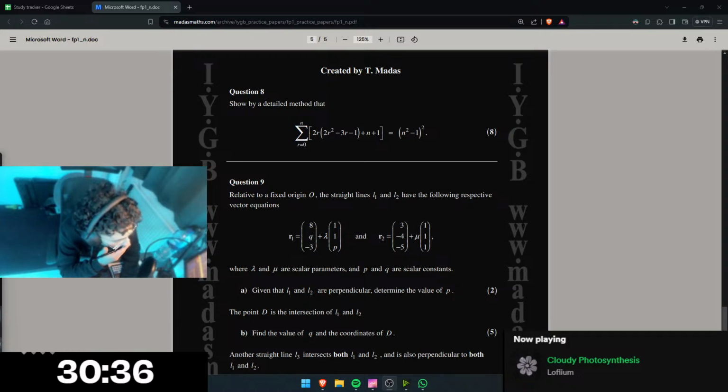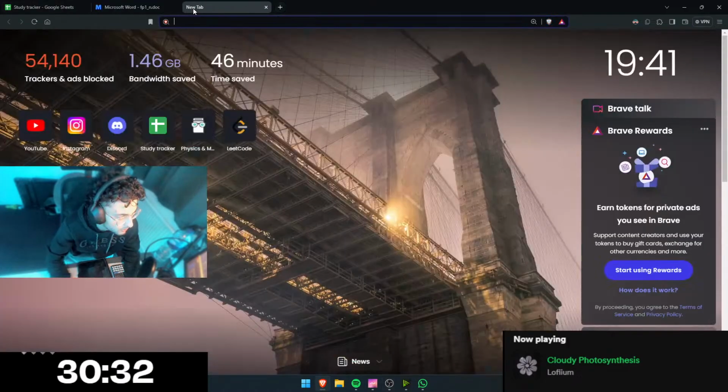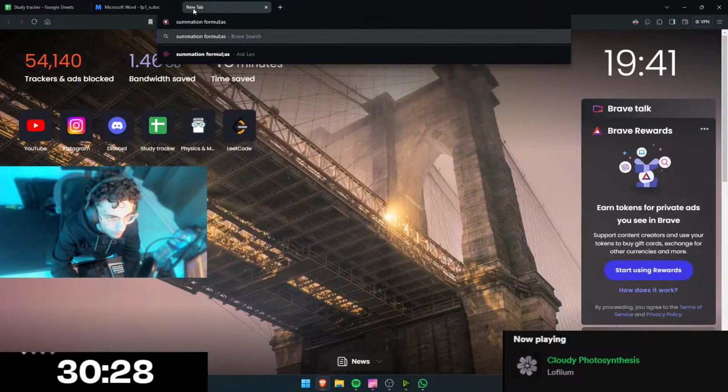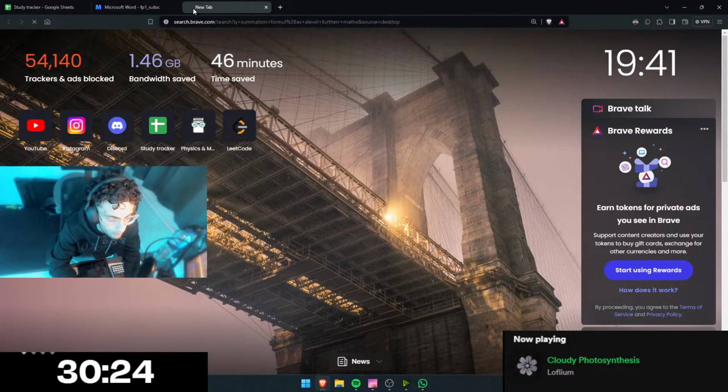Do I know how to do it when there's an n? No. Let me Google that actually. Summation formulas, A-level further maths.